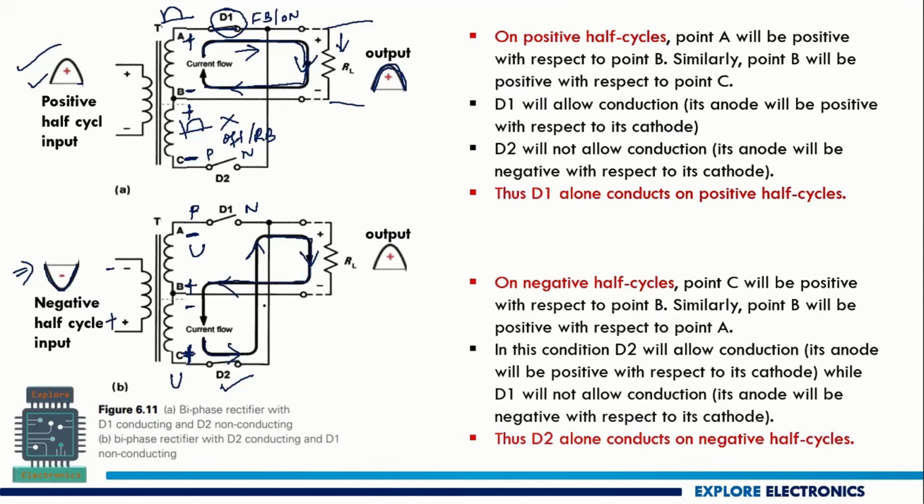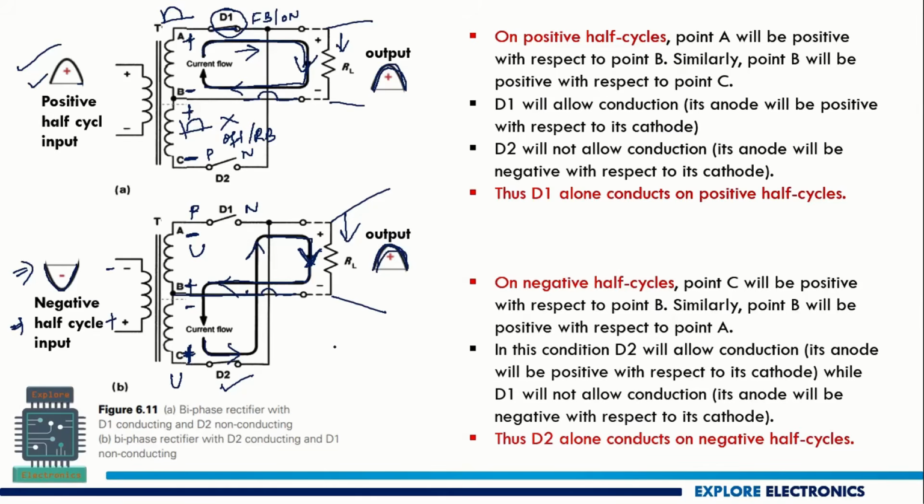This is the current flow and there is no connection here. As I said, this center tap will be connected like this, right? These two have no connection. Here also this center tap will be like this. That's why here also, when the negative half cycle of the input is applied, the current flowing through RL will be in the same direction. If we measure the output across this, again it will be a positive output like this.